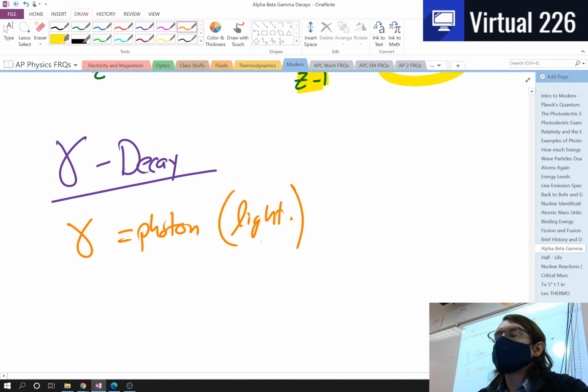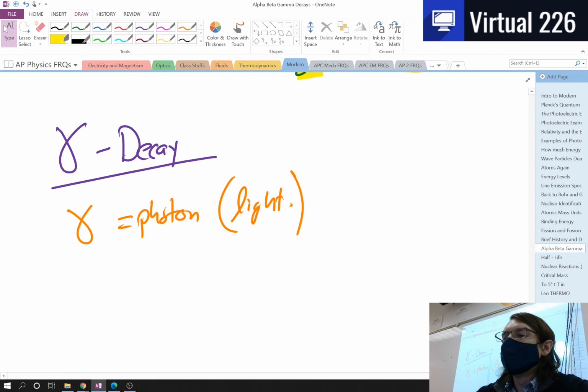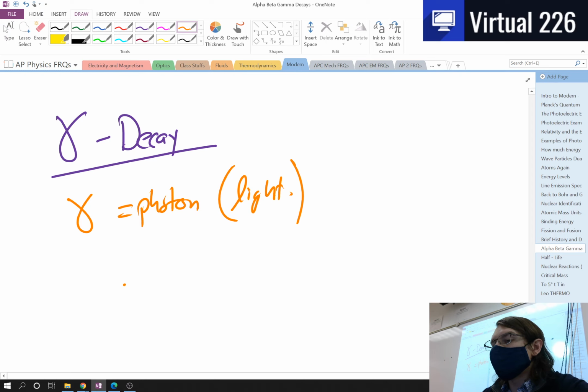In our case, this could be a photon with very high energy. Remember, a photon has no mass. It has no charge. It is pure energy. That's it.